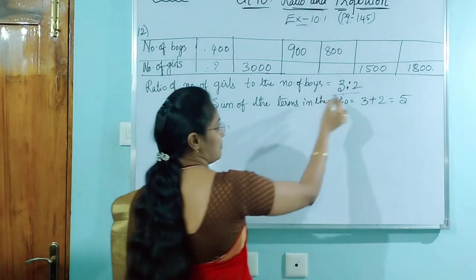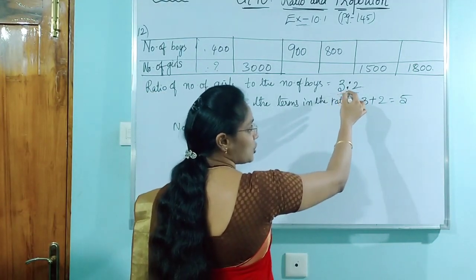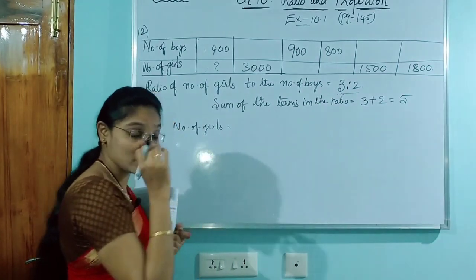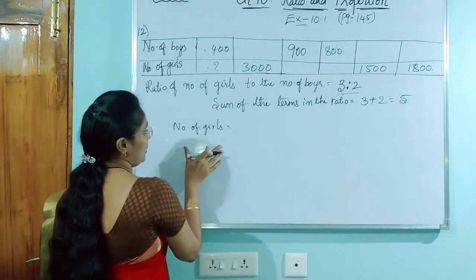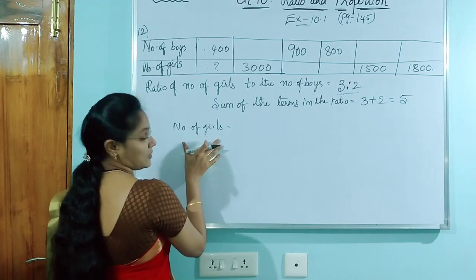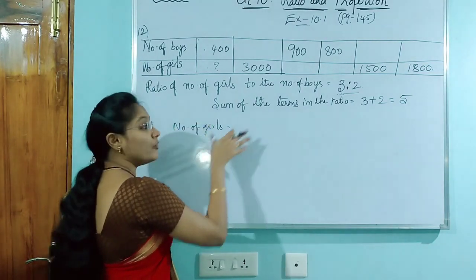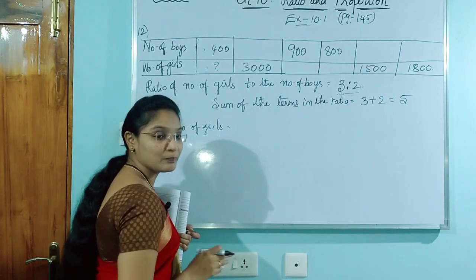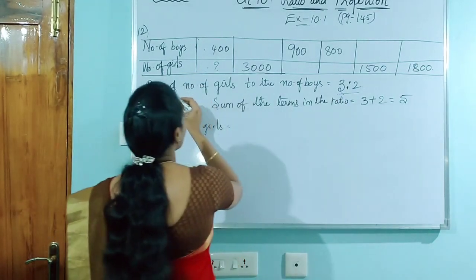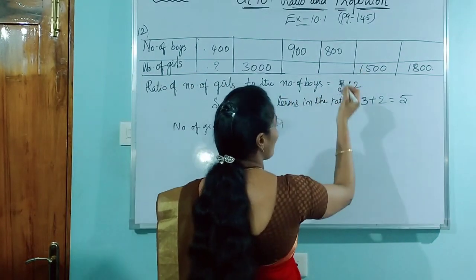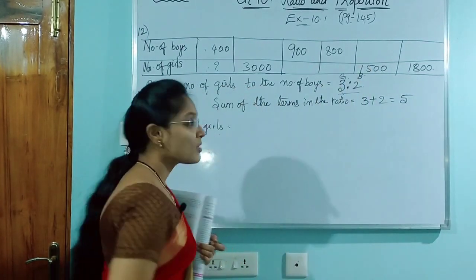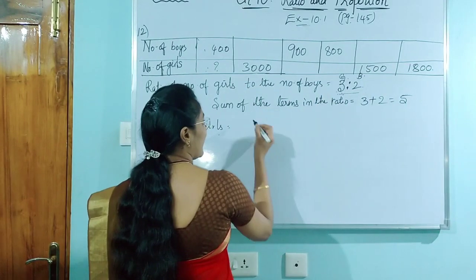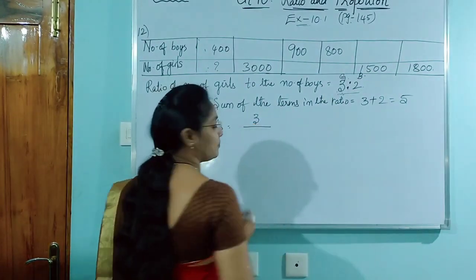That term in the ratio we will write as the numerator. Here the number of girls term is the numerator. What is the ratio, the number of girls to the number of boys? This is girls and this is boys.